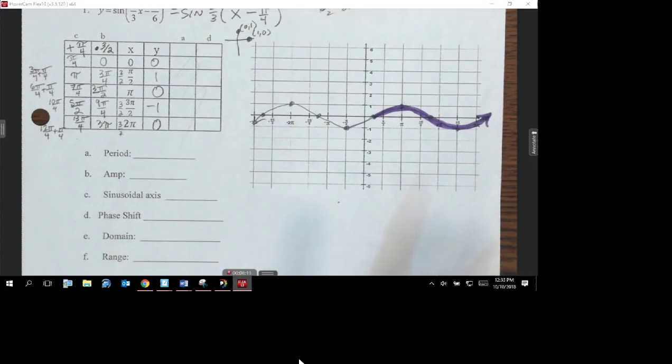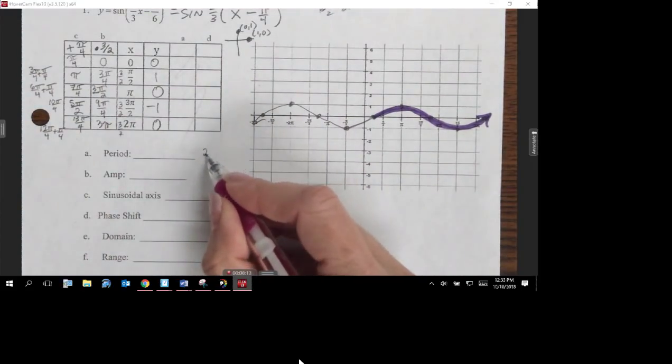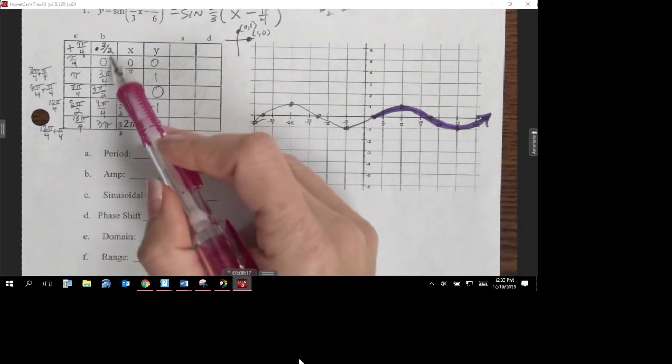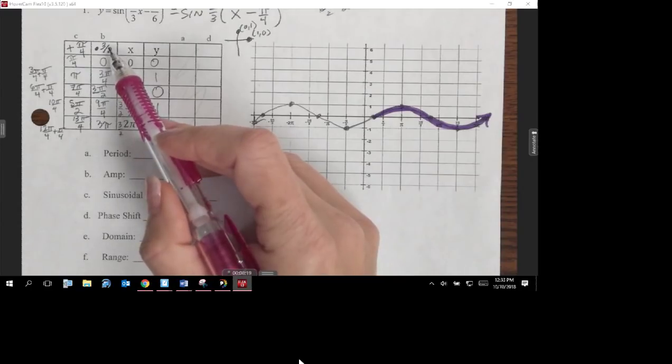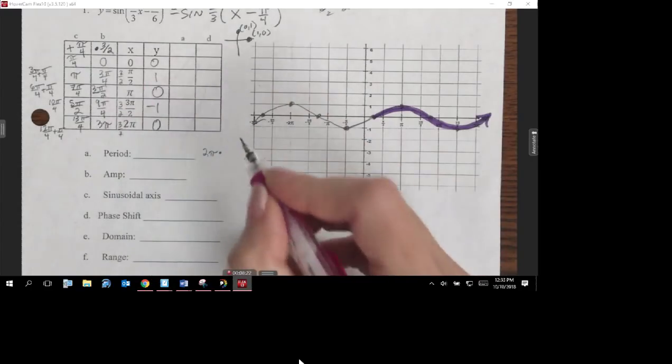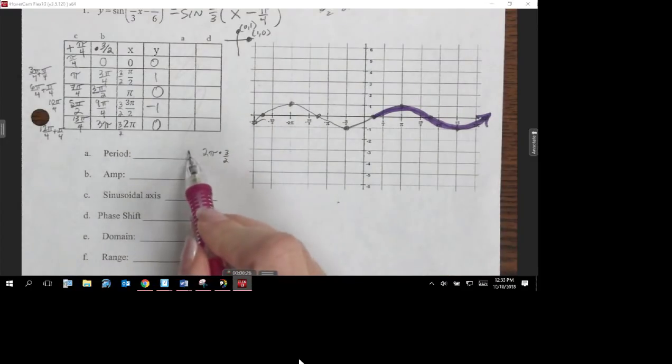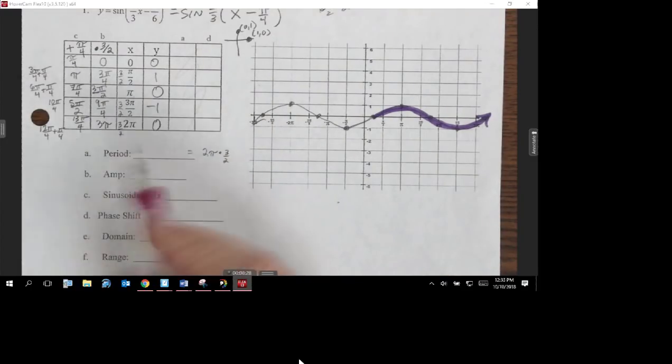Now we need to know the period, and the period is always 2 pi unless we have a horizontal stretch or shrink, which we did. So whatever I multiplied my x's by, multiply 2 pi by as well. So what is my period? 3 pi.